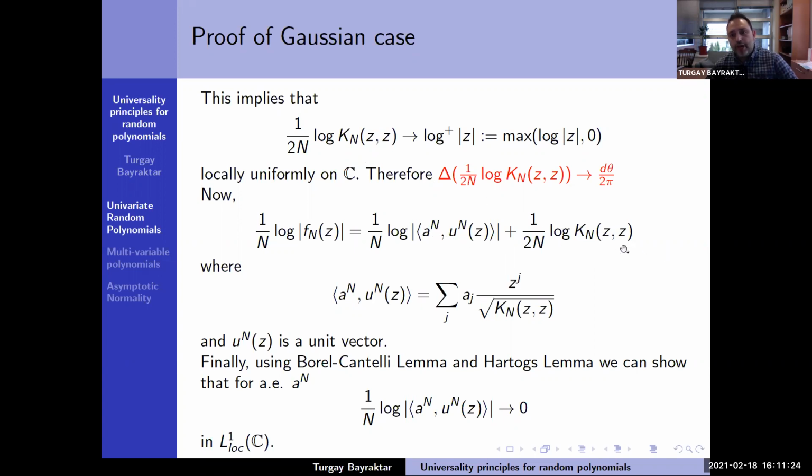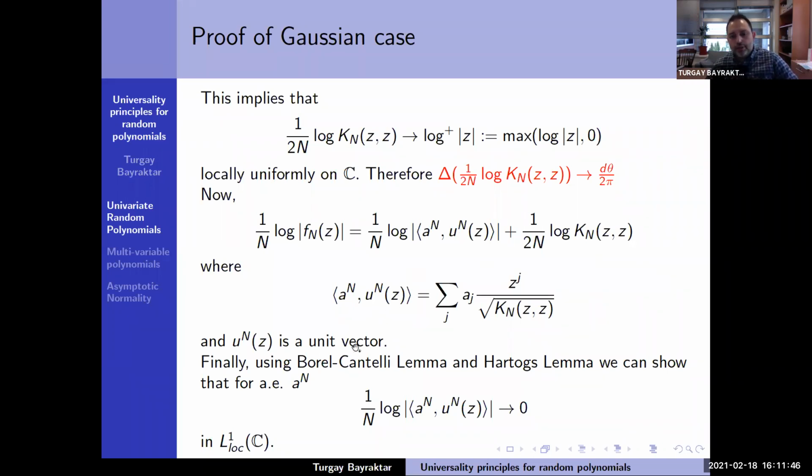Now you have some information about this coming from the previous line, and then you need to understand how to control this one. And this is the place where you use probability, because you divided by the norm of this vector 1, z, z squared, z cubed, etc. This is a unit vector here.